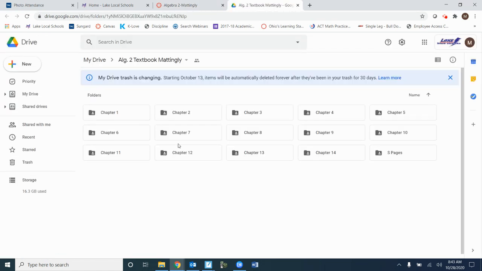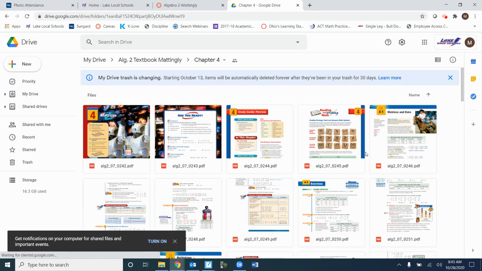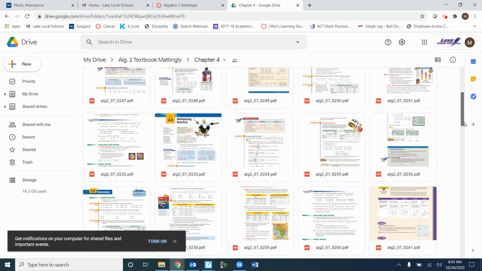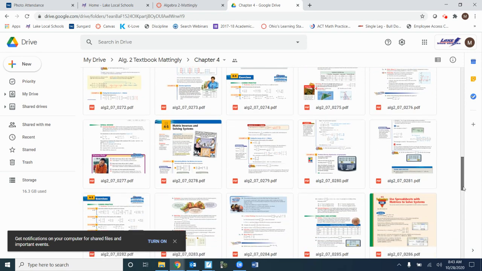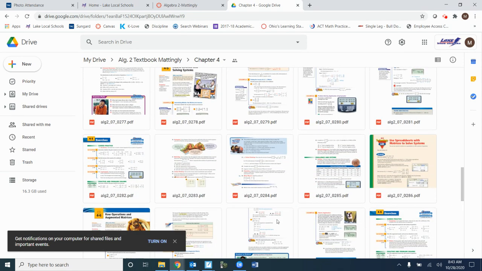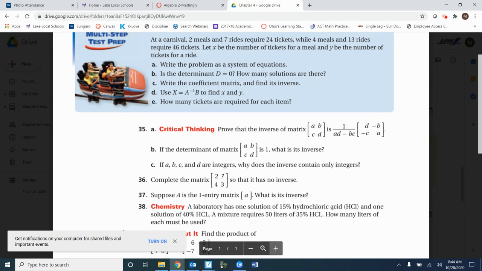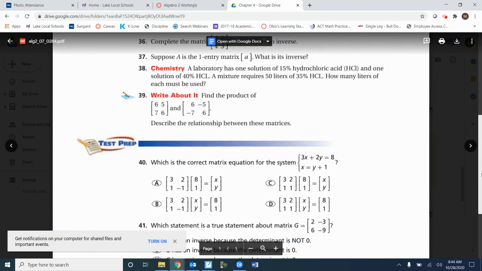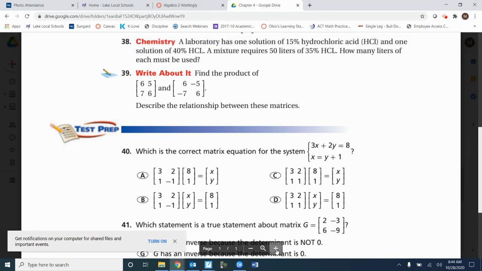This is chapter 4, and I'm looking for page 284. There it is. All right. Can I make this bigger? Can you guys see that?